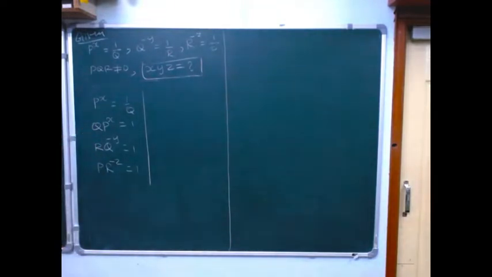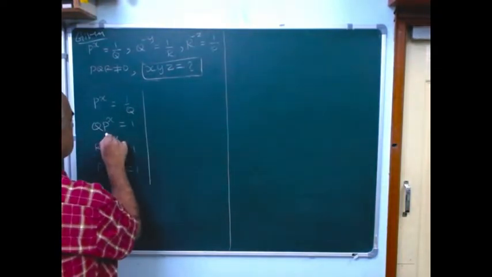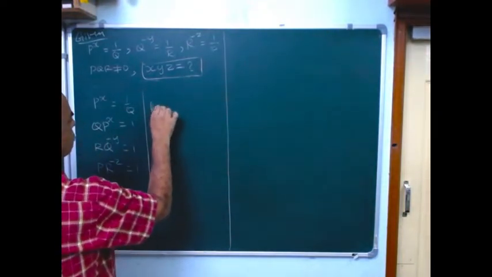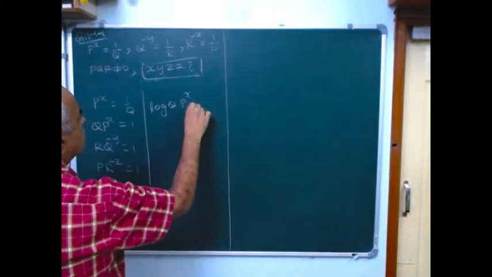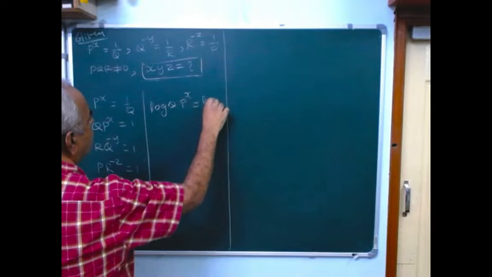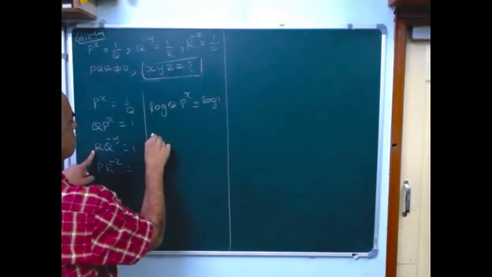otherwise we can do one thing, introduce logarithm on both sides. So introduce logarithm for this equation: log of q p power x is equal to log 1. What about this?